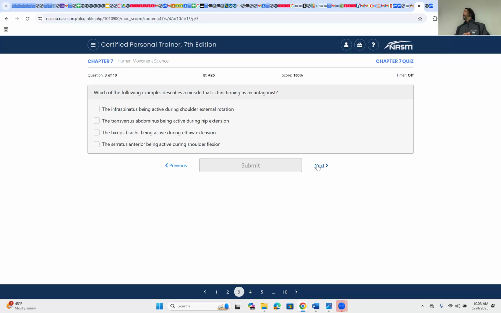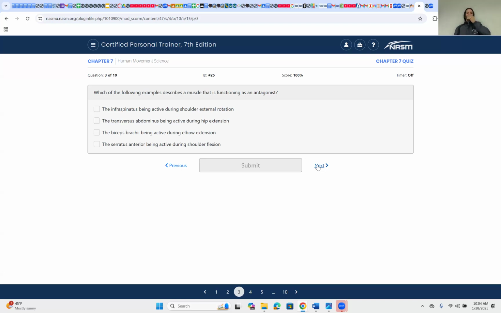If I externally rotate my arms, the infraspinatus is working. In a baseball throw, the infraspinatus is working on the windup, helping that windup.